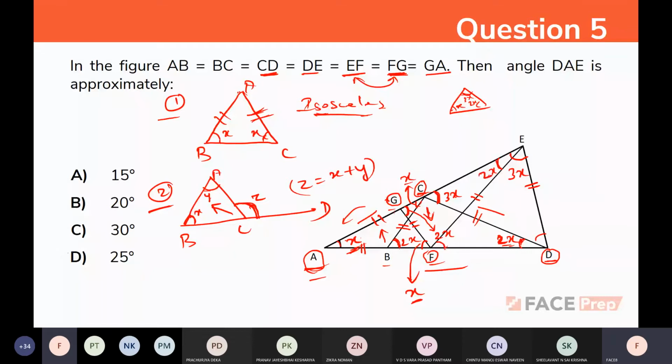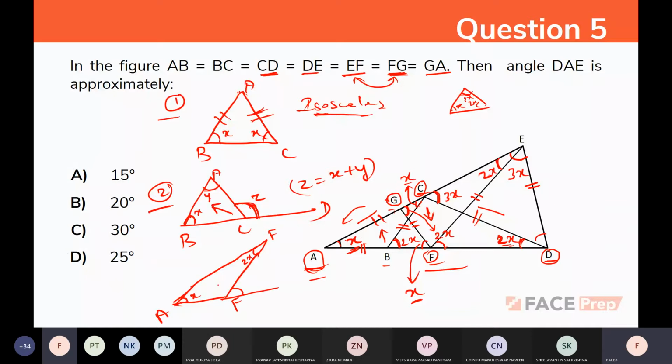Then to find this angle, we can take this big triangle. Let me draw it separately. So this is triangle A, F, E. This angle is x, this is 2x, and we need to find this angle.